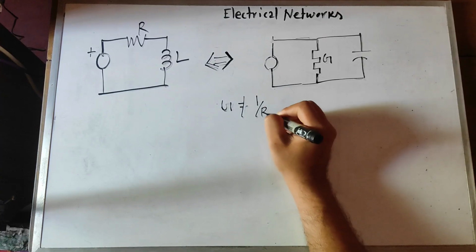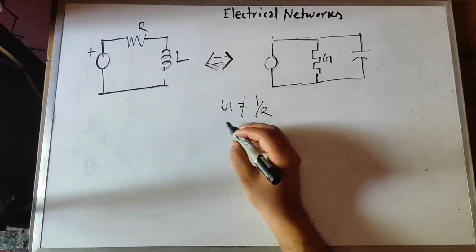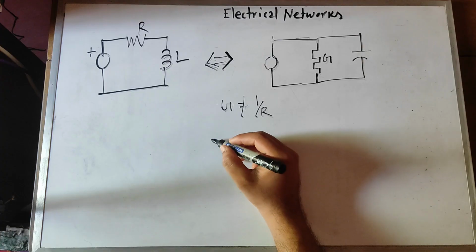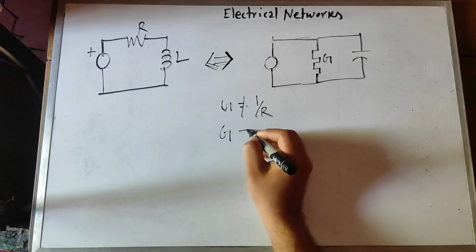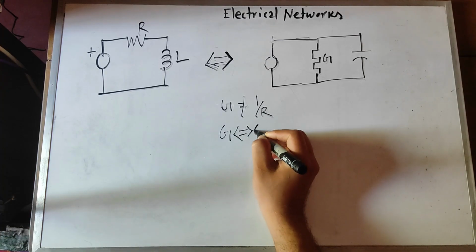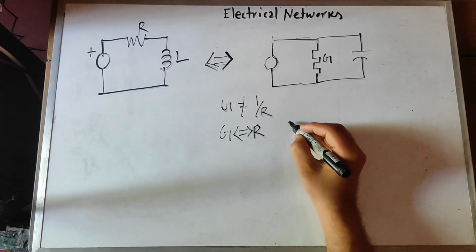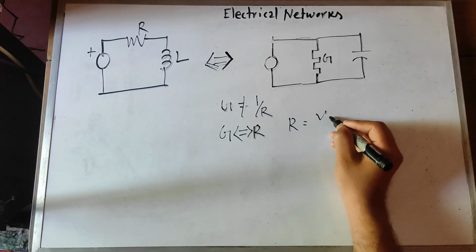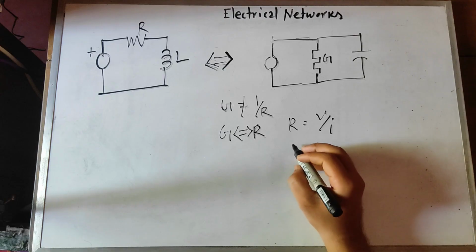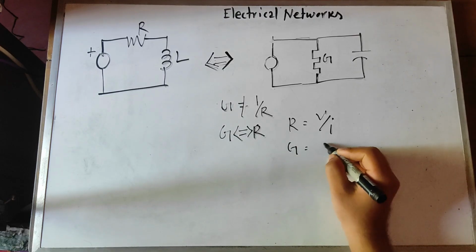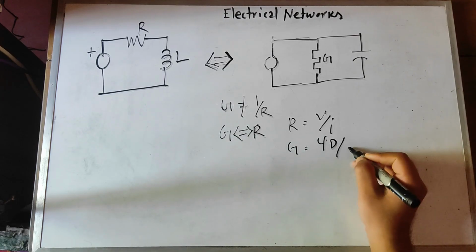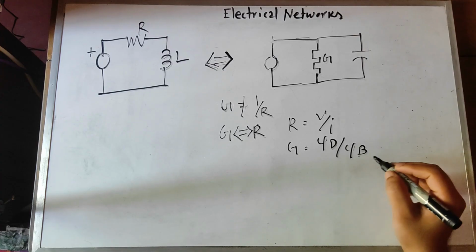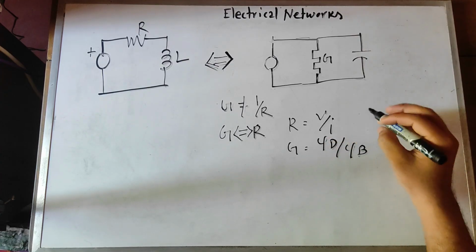So G isn't 1 by R. Rather, G is the electromagnetic dual of R. R is V by I and G is phi D by phi B. So the two are different.